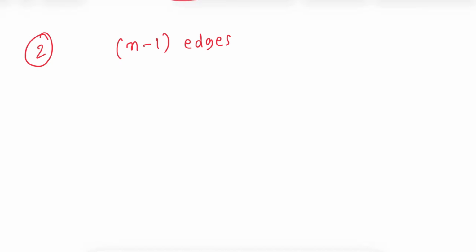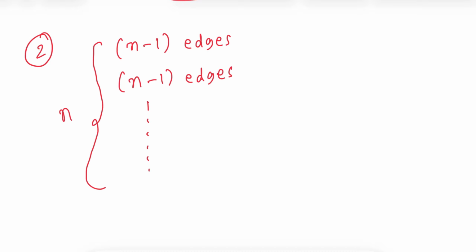You can do the same for the second vertex. For the second vertex, you can have n minus 1 edges, and you can do this for the remaining vertices. Since you have n vertices, if you want to get the max number of edges, you just sum. So if you sum them, it will be n minus 1 times n.